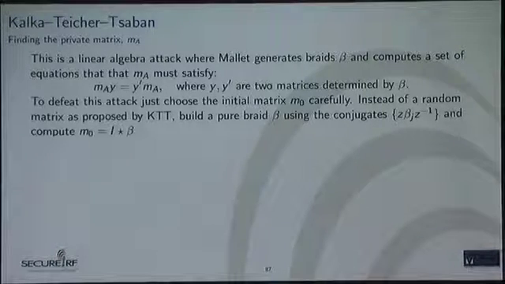But to make their attack work, they assumed that the seed matrix was generated randomly, and that was not the case. Instead of creating a random braid, you can take a pure braid, which, as I said, is a braid that has lots of crossings but whose permutation is the identity permutation, and you can use that to generate your seed matrix M0.